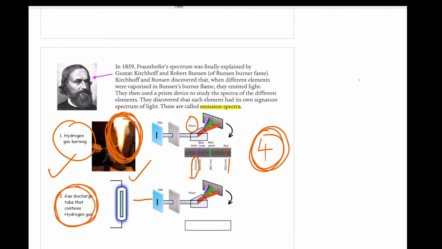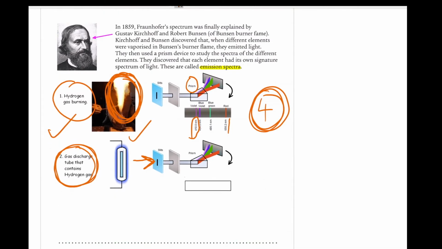Once again, it emits light, it passes through a small slit, it is split up using a prism, and because it is hydrogen gas, it emits only those 4 characteristic wavelengths of light. We've got the violet one, the bluey violet one, the blue green one, and the red one. Boom.